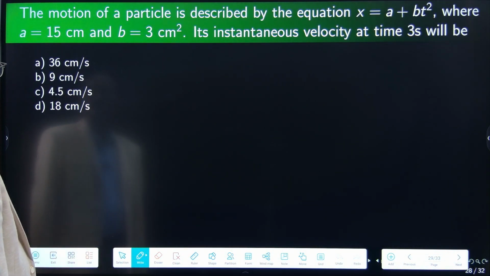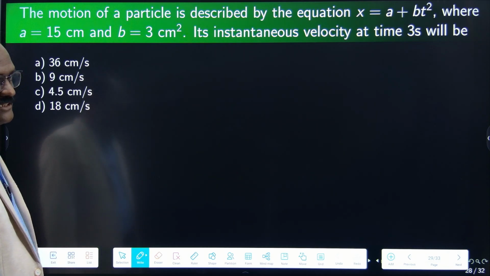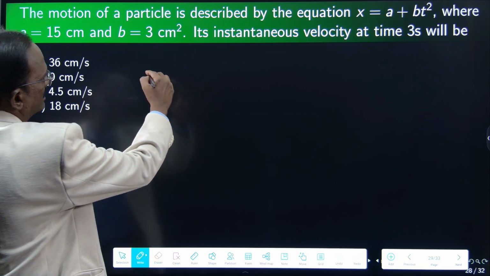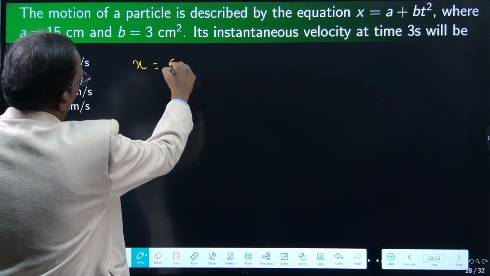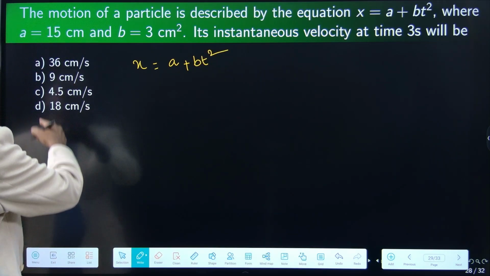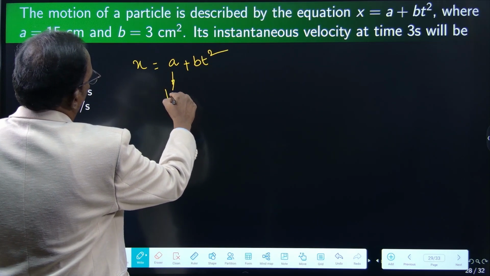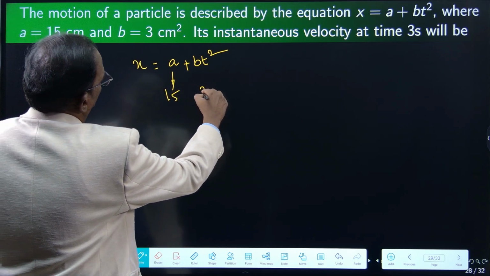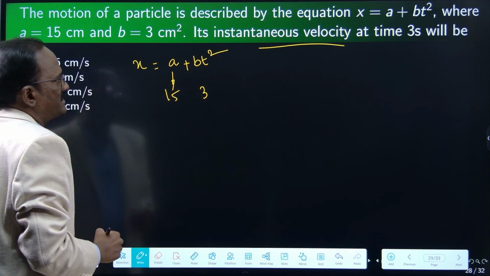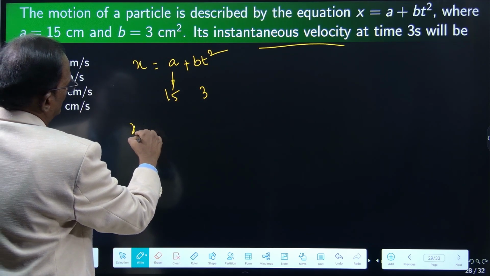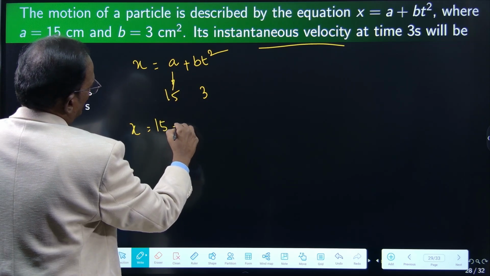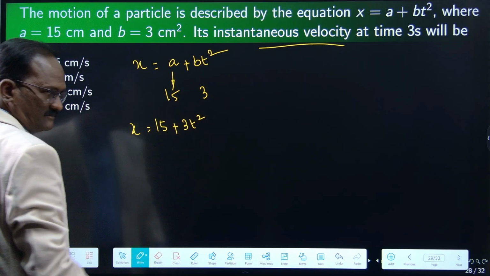Next problem. The motion of a particle is described by the equation x is equal to a plus bt square, where a is equal to 15 centimeter, b is equal to 3 centimeter per second square. It's instantaneous velocity, simple. So let us differentiate it. So x is equal to, we will substitute the numerical value given, 15 plus 3t square.